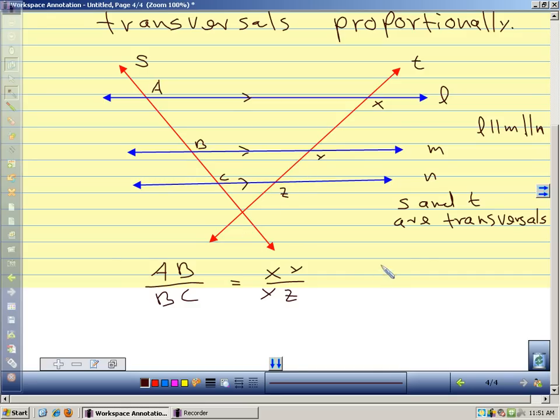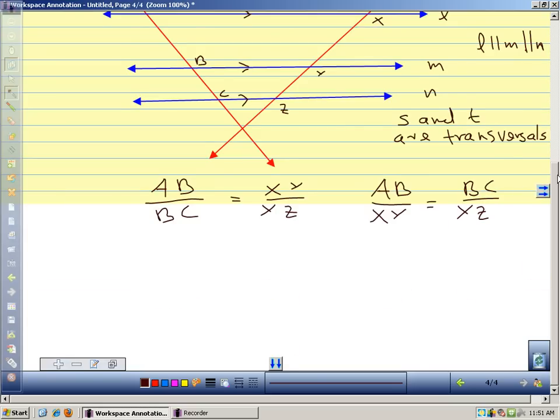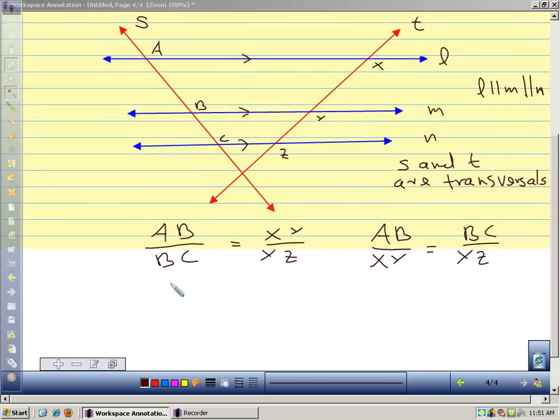We could say that AB divided by XY, this length divided by this length, equals BC divided by YZ. This length divided by this length. So it's very similar to what we did with the triangle. Let's just do one more. There are a bunch more that we could write.